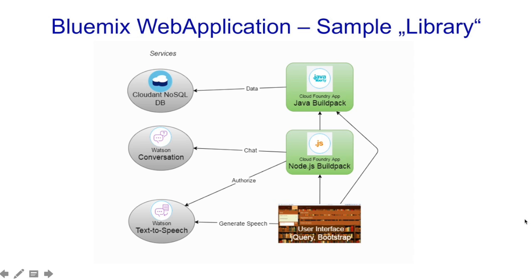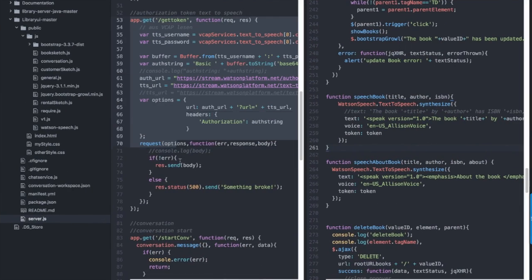Do you have some code for us? Yeah, sure. This is my code. Here's the server where I create an API to get the token, and here's the client part where I'm using the Watson speech library to call the service. And as you can see, I can define some parameters, for example, the voice.